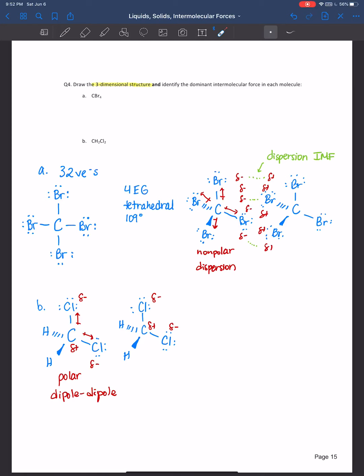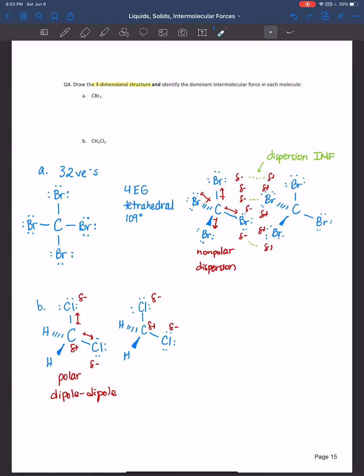Especially if you enjoy math and understand vectors, you can think of these as vectors that don't cancel each other out, and the overall vector is here. Some of you may be interested in that, and that's great. But simply using the partial negative and partial positive notation is a great way to illustrate your knowledge of where the electron density is located in the structure itself, okay?